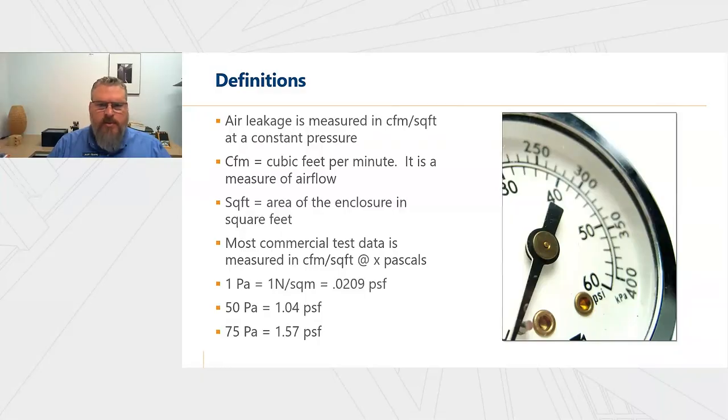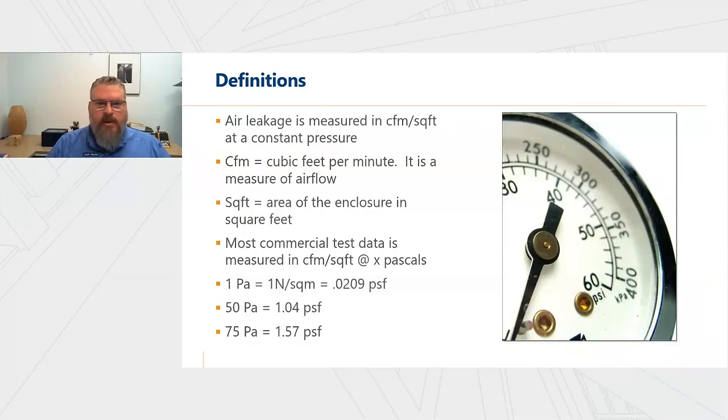If you're used to air leakage testing for single and multifamily residential, you may be more used to seeing air changes per hour. Those are just different ways of expressing air leakage rates, whether it's a volumetric rate relative to the volume of the space.